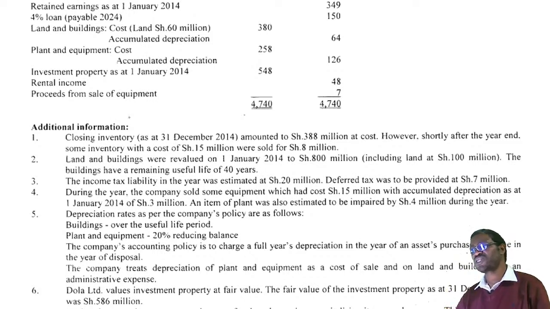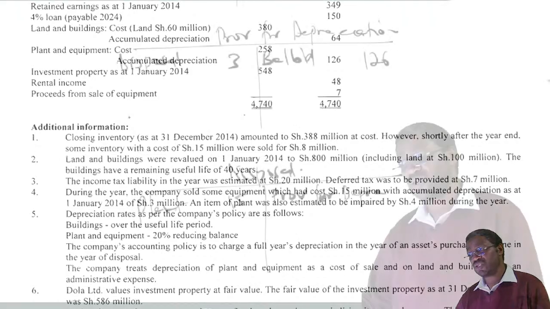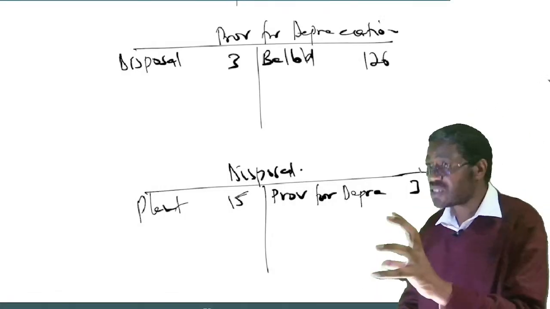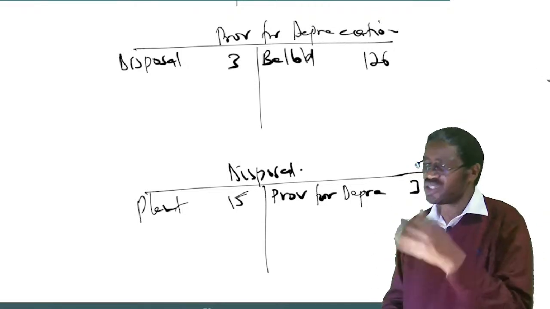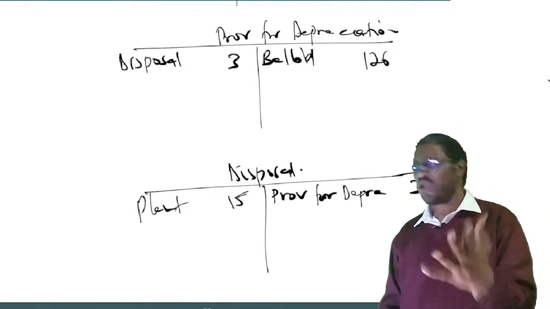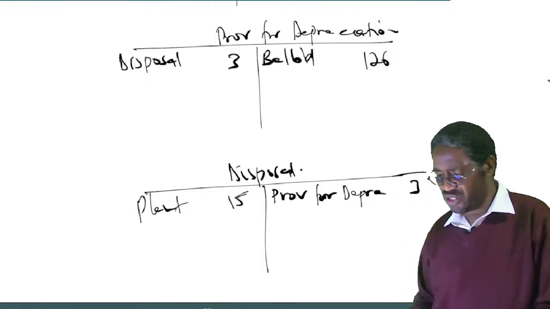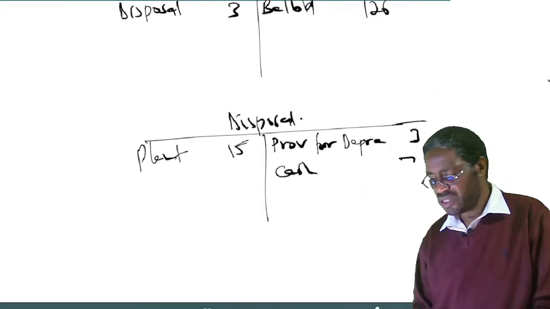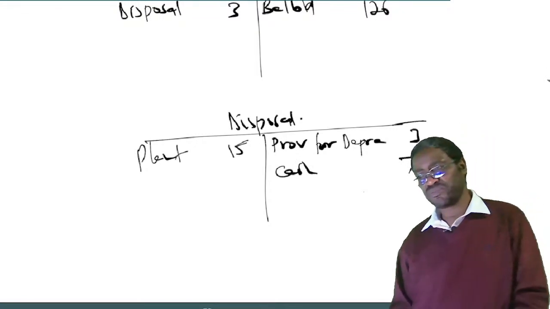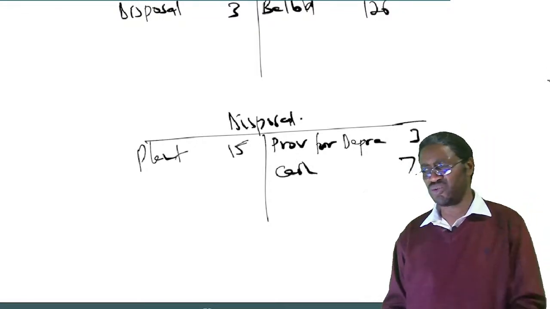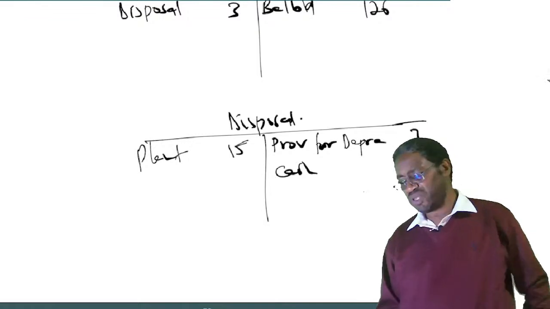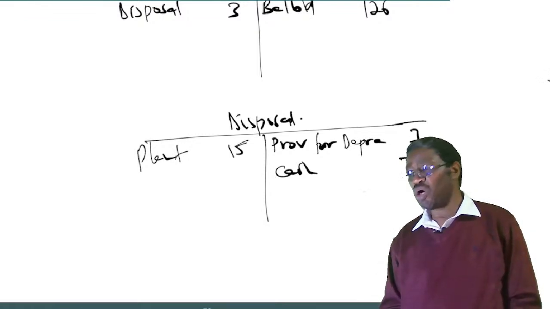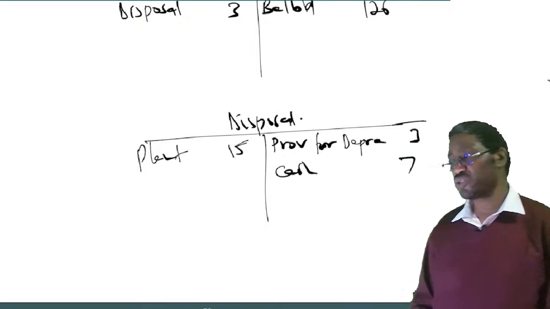We sold it for 7 million. Good. So let's use it as our step number 3. We always debit cash and credit disposal. So come to the disposal account and credit 7 million. That's step number 3, which requires you to record the cash received on disposal.